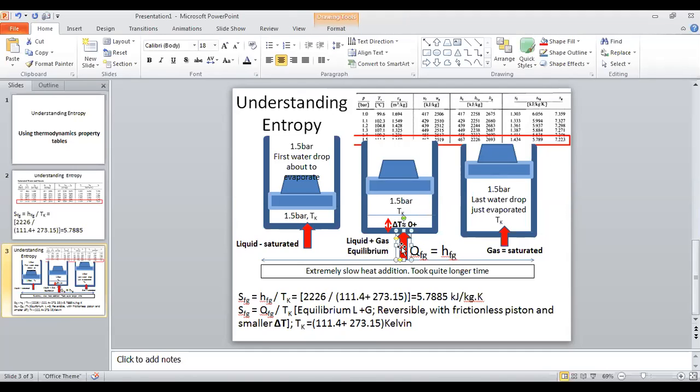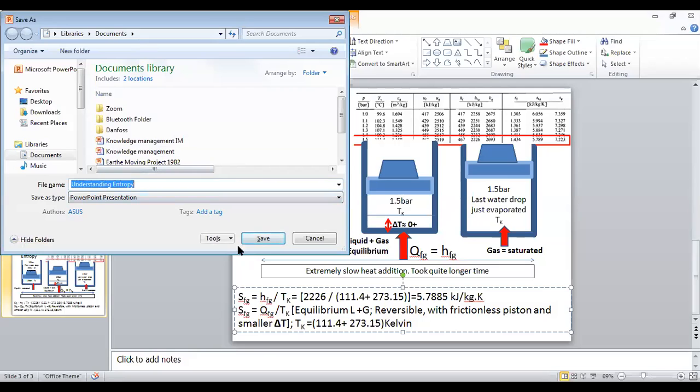So QFG is the heat energy needed into the system. QFG by TK, with the temperature in the system, is the entropy. This is the entropy increase, or the entropy received by the system because of this heat input of QFG. I hope you can understand this very well.